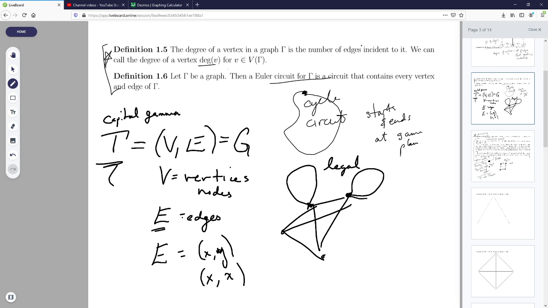But then if something had two loops, if this was loop 1 and this was loop 2, it'd be a little difficult to tell them apart. So for the most part, I don't want to discuss any loops on graphs for now. Just assume that a graph doesn't have any loops. Assume that it's just some vertices, and each edge has to go uniquely between, say, two distinct vertices, right?